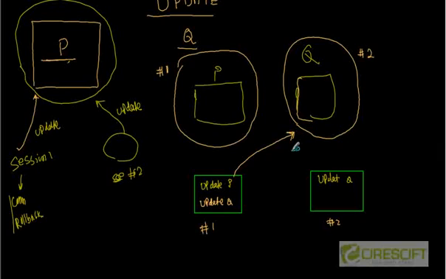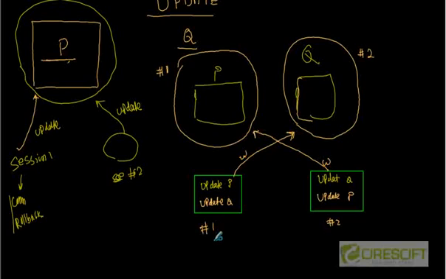While this is happening, I go to session number 2 and try to update P. Session number 2 comes to table P and finds that there is already a lock on it, held by session number 1, so it waits there.